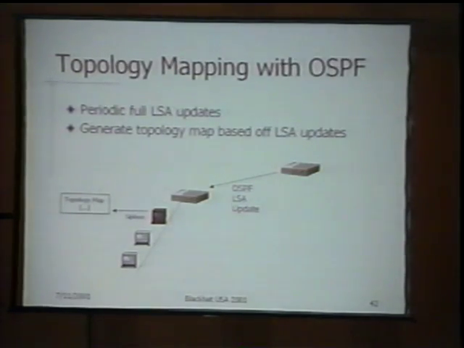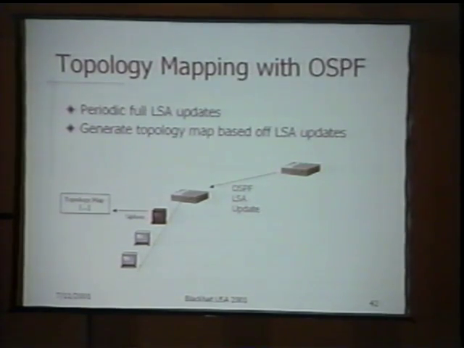Topology mapping with OSPF is, like I said, a relatively simplistic concept, even though the protocol itself is pretty large. Periodic full LSA updates are broadcast over a network. These are generally what we're looking for.